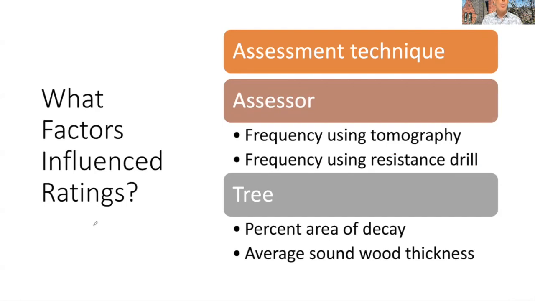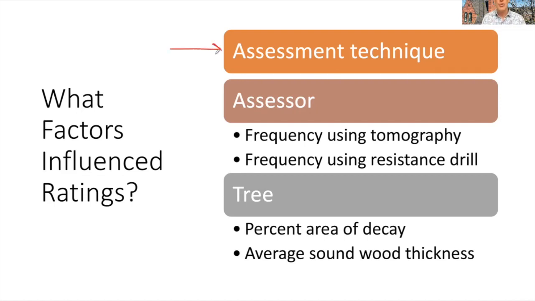So what factors influenced each assessor's rating of each of the trees? When we run the data through a statistical model, and I'm not going to go through the details there, but you can read through that in the article, obviously.